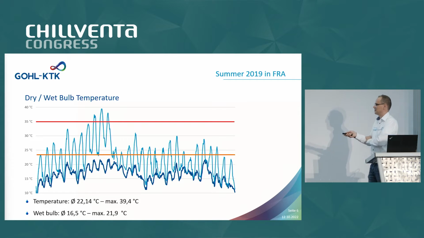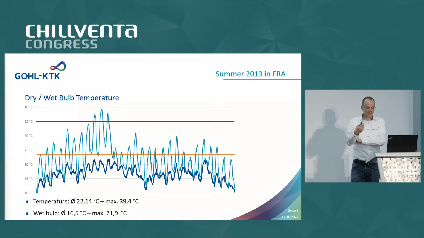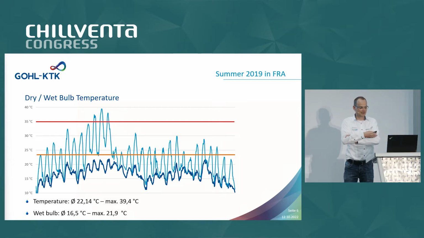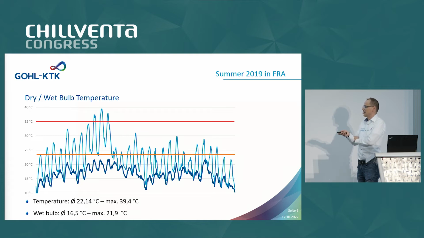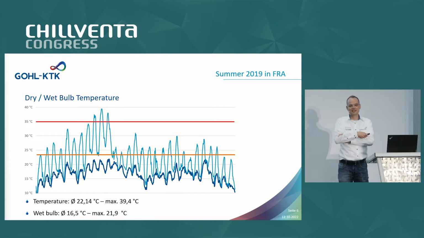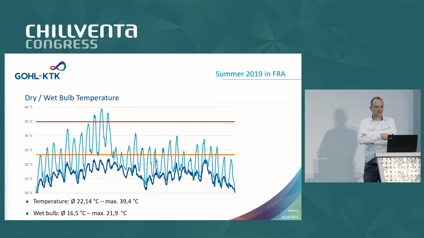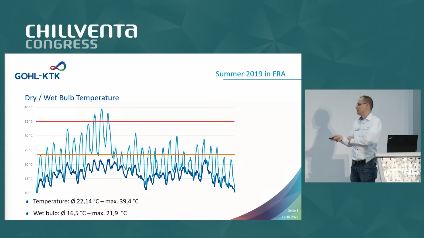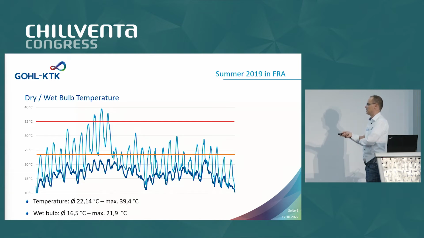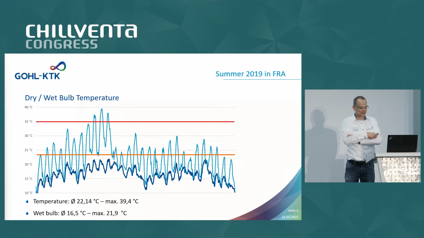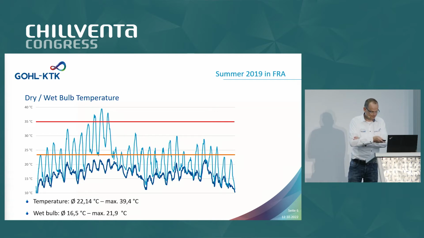You see here we have a maximum of 39.4 in the dry temperature again, but the wet bulb temperature only has a maximum of 21.9 degrees. Evaporative cooling systems have the advantage that they are calculated based on the wet bulb temperature, compared to dry cooling systems, which are calculated with the dry temperature.